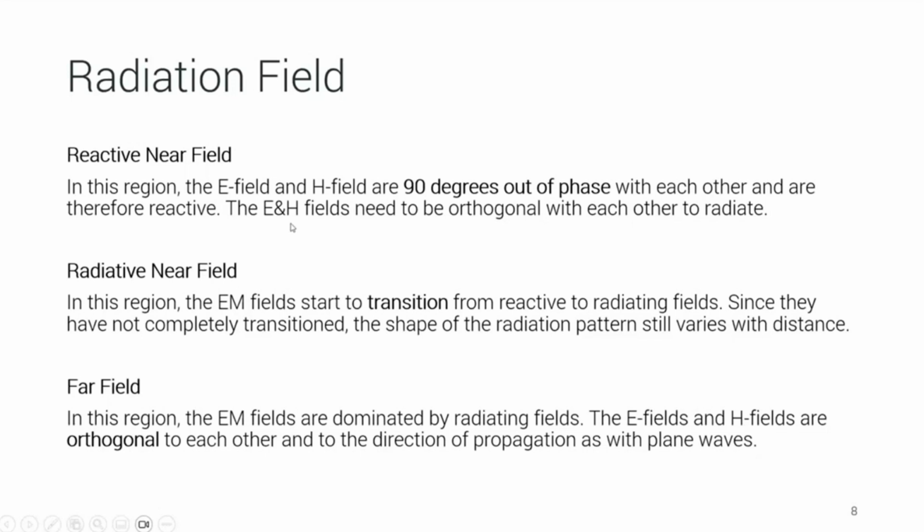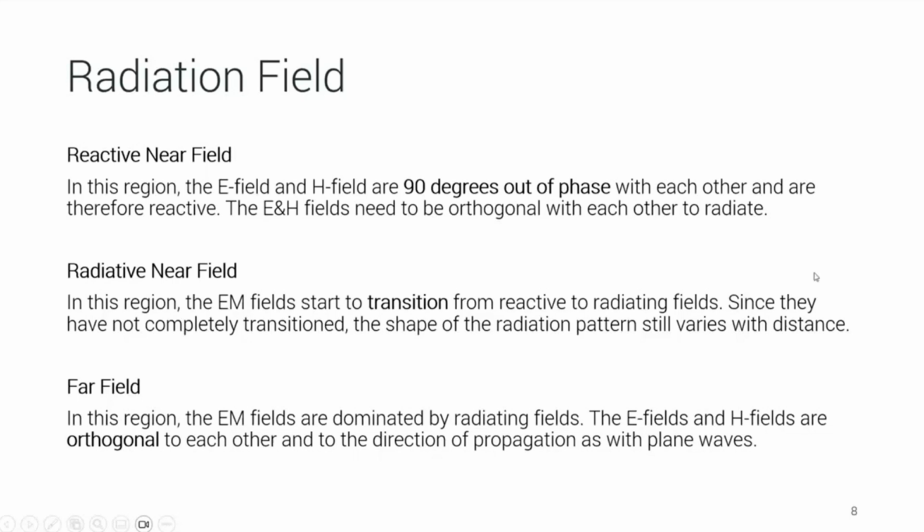And the magnetic and electric fields need to be orthogonal with each other to radiate. Then the radiative near field is in this region, where the electromagnetic field starts to transition from reactive field to radiating field. Since they have not completed the transition, the shape of the radiation pattern still varies with distance.